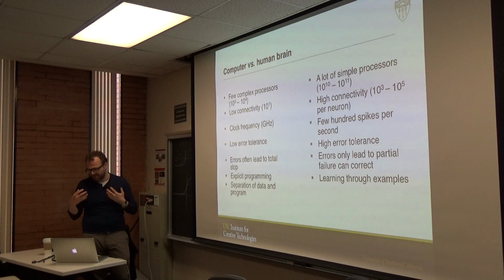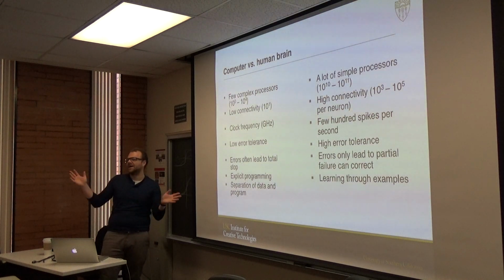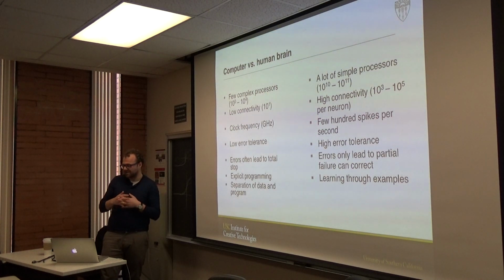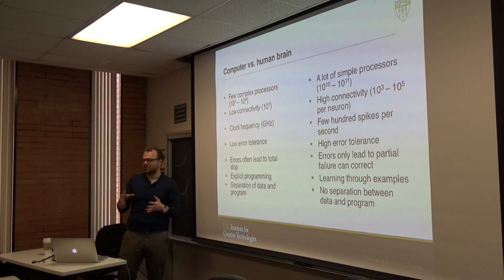And I think one of the coolest things, and this is really where deep neural networks excel and give us so much more power than shallow networks, is that there is no separation between data and program.